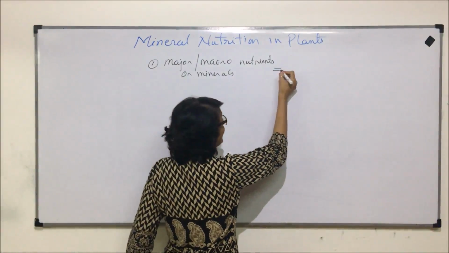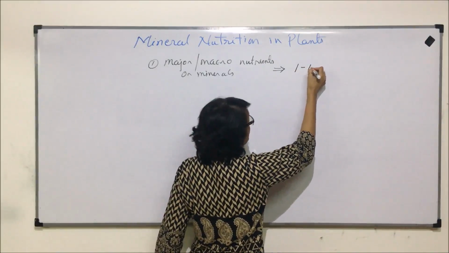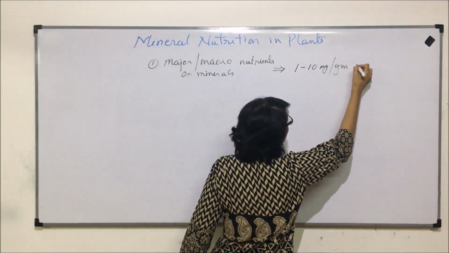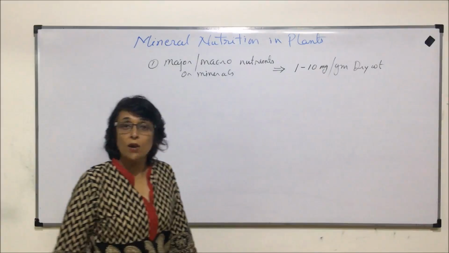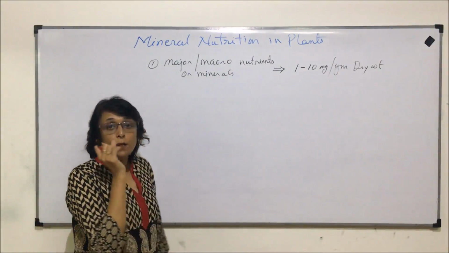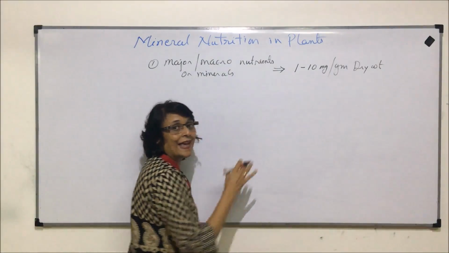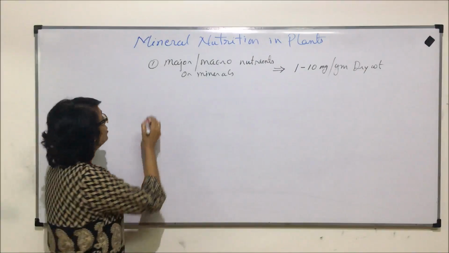And the criteria for considering them as major or macronutrients is the amount in which they are required by the plant. They are required in an amount which is between 1 to 10 milligrams per gram dry weight of the plant body or tissue. So if an element is required or is present in this quantity, then that is considered as macro element or macronutrient.